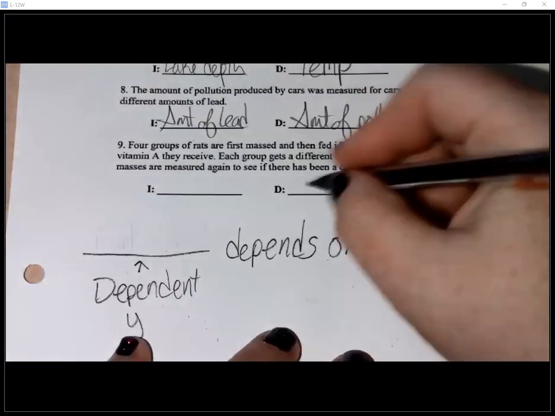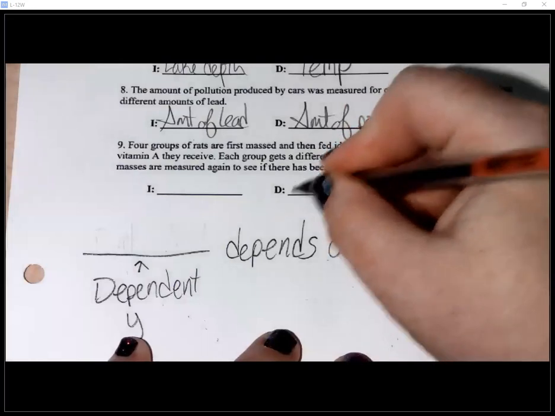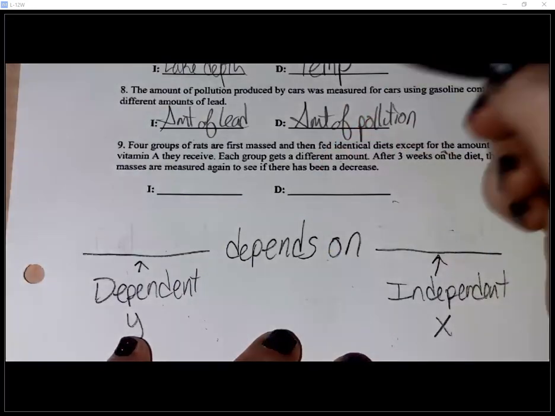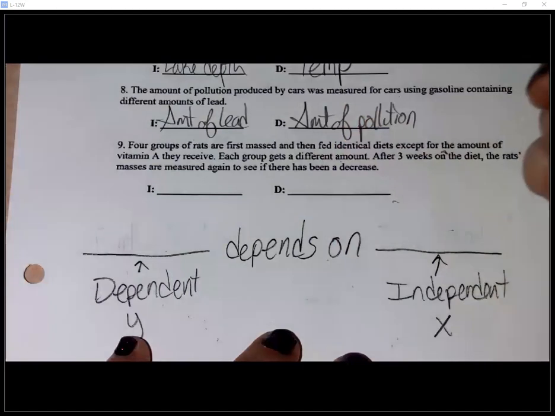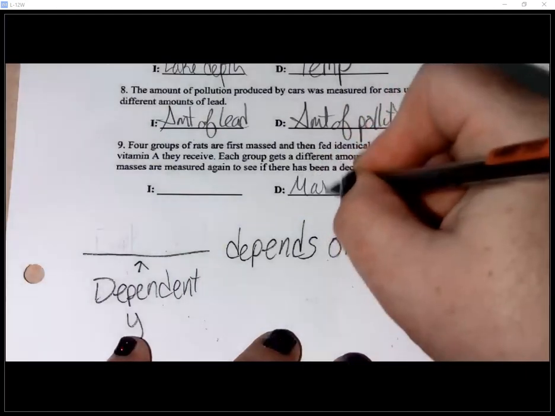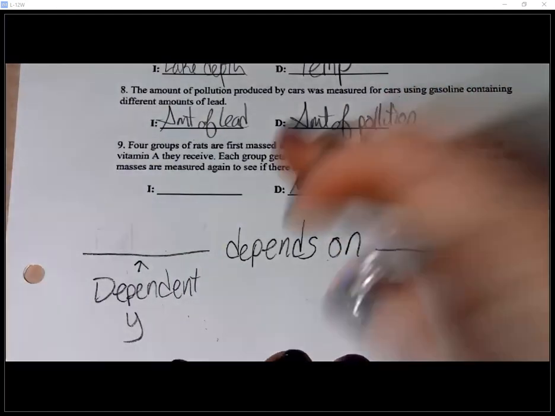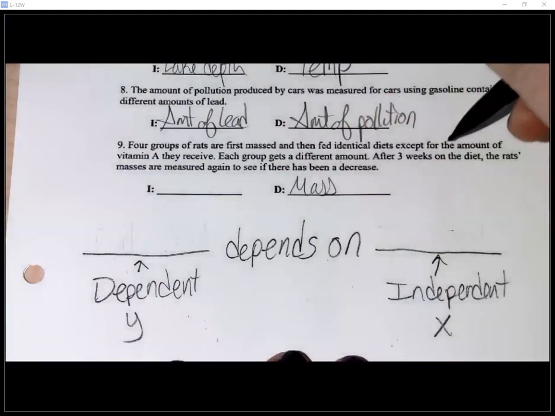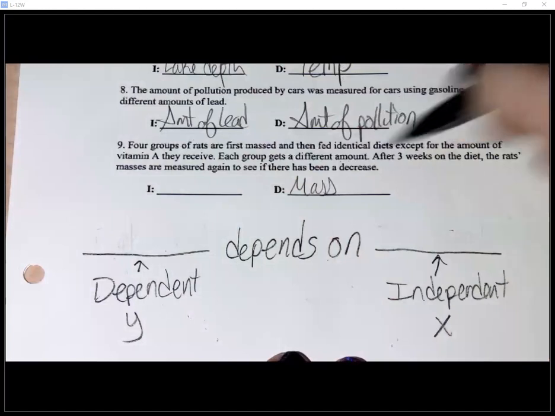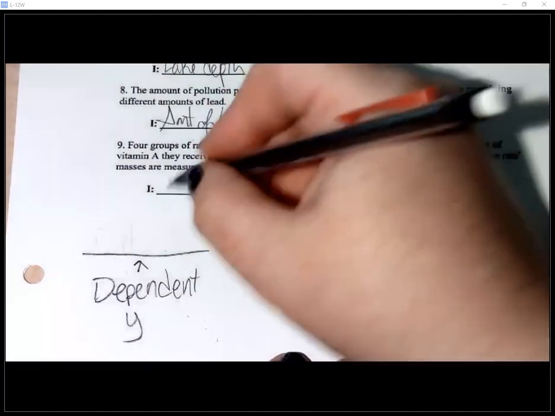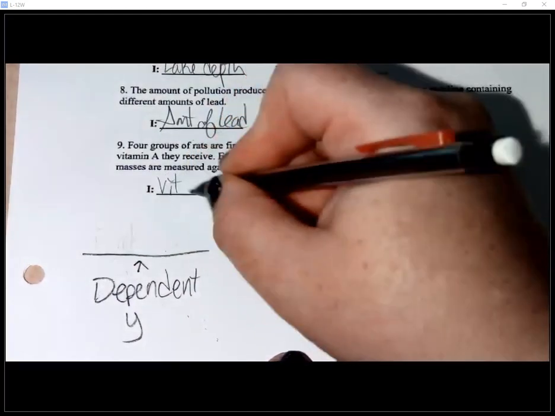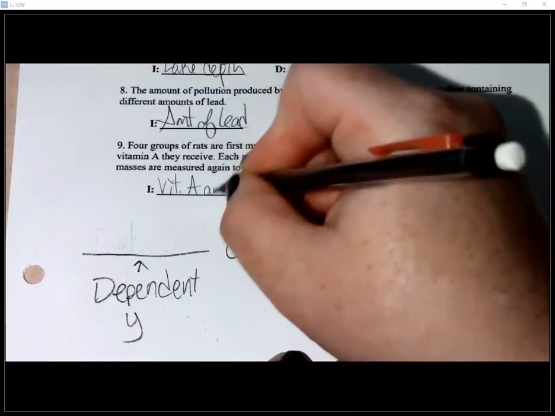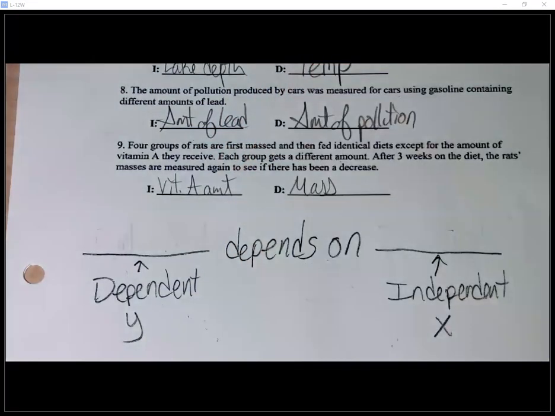Yes, so mass would depend on how much. I'm gonna go with just the amount of vitamin A, because their diet was the same except for the vitamin A. So we'll say vitamin A amount. Their mass depends on the amount of vitamin A they received, or at least that's what we're testing.